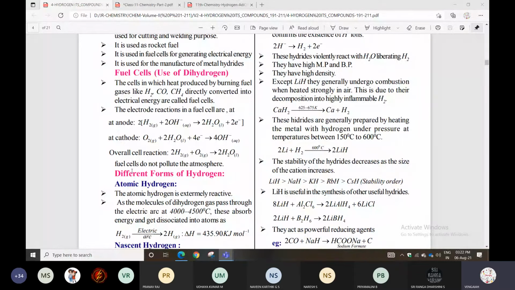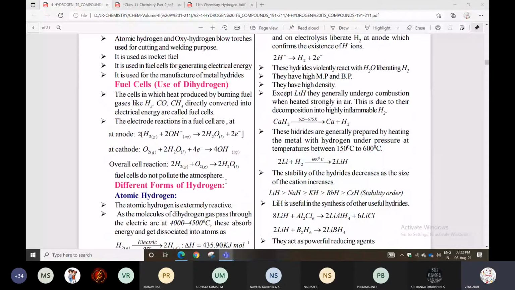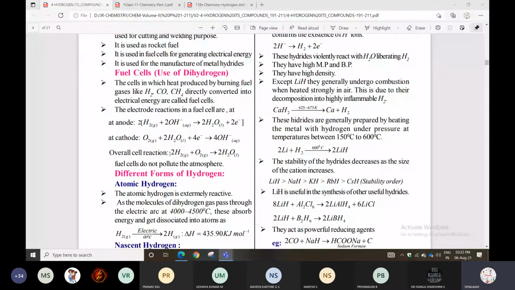Next again, uses of dihydrogen. The cells in which heat produced by burning fuel gases like H2, CO, CH4 is directly converted into electrical energy are called fuel cells.